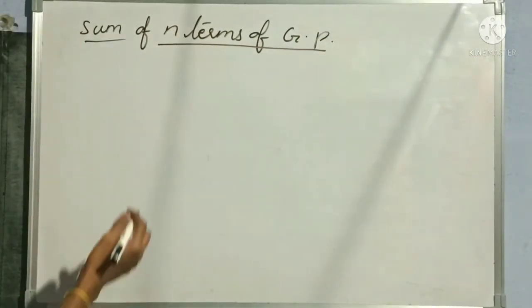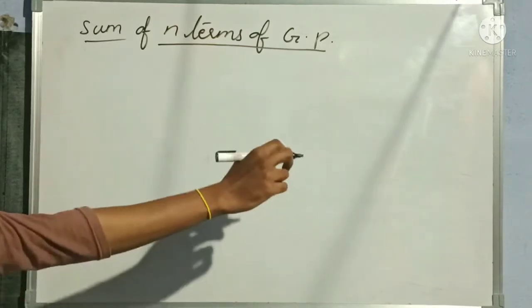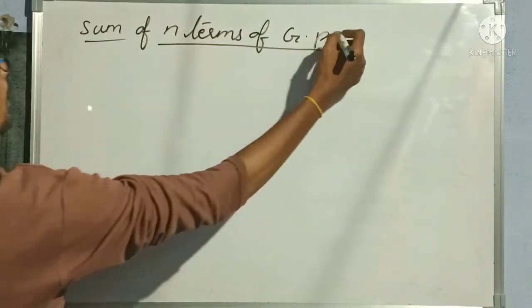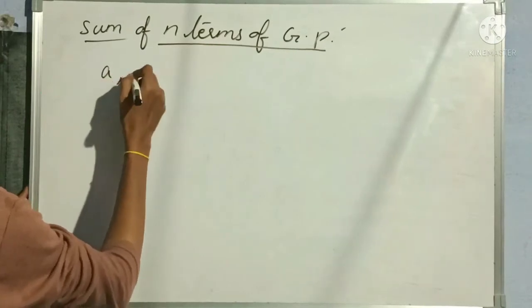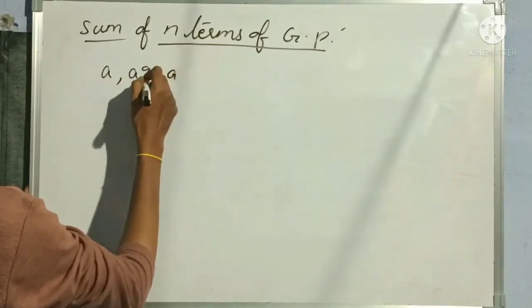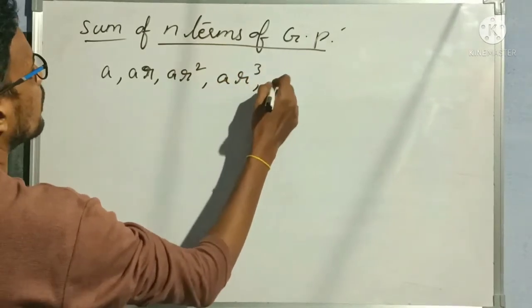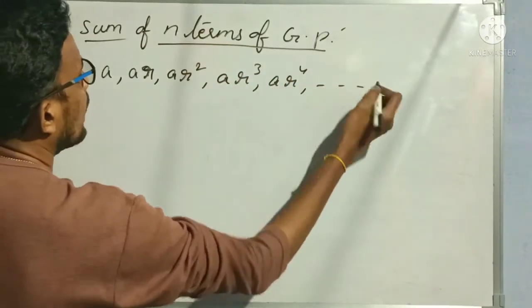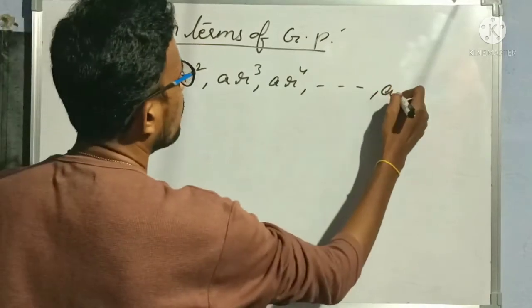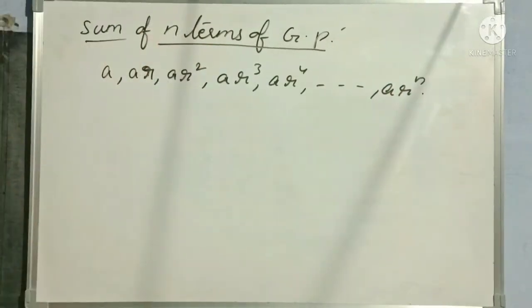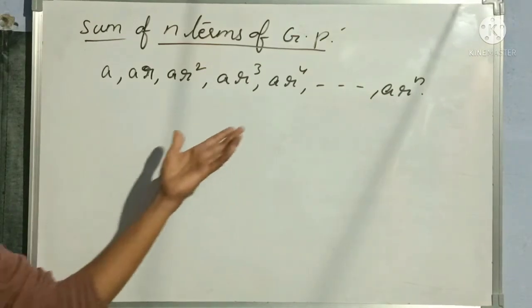So what are the sequence of numbers we are taking in geometric progression? General numbers a, ar, ar square, ar cube, ar power 4 and so on, ar power n, right? These are the sequence of numbers in our geometric progression, right?